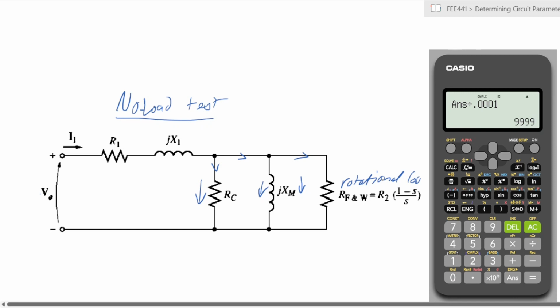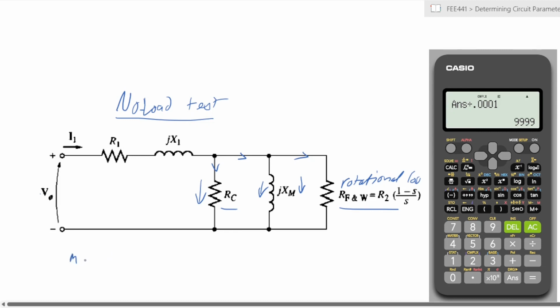We've said that this value is a very high resistance, so it would take a lower value of current. Same with the core losses here. Comparatively, when the load is very low, the current that is actually being supplied to the machine is very, very low.